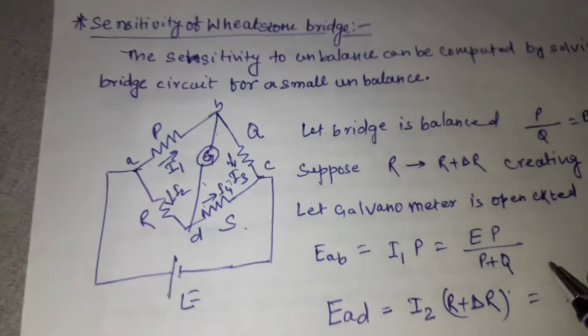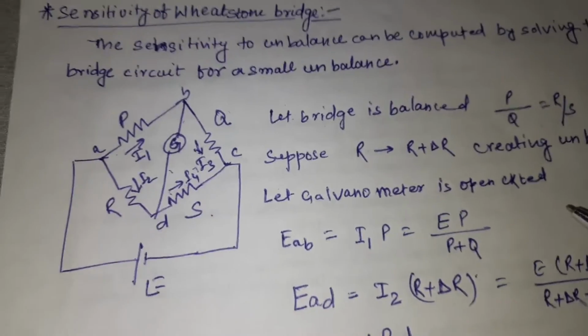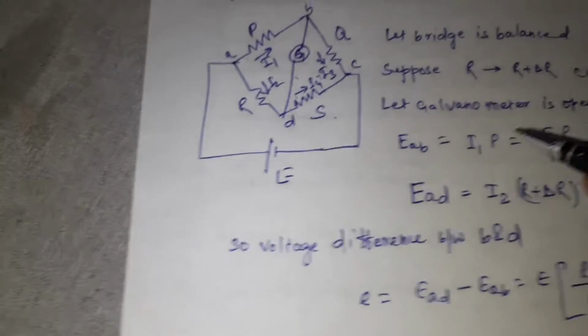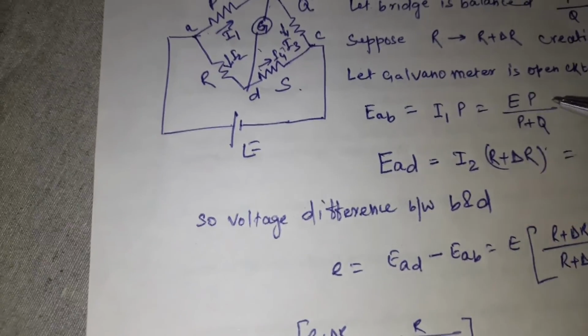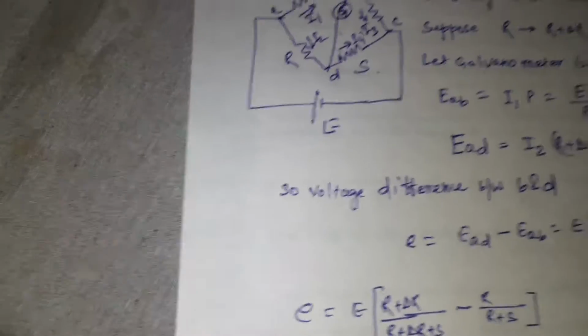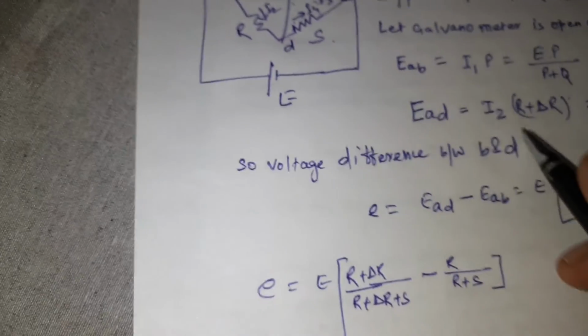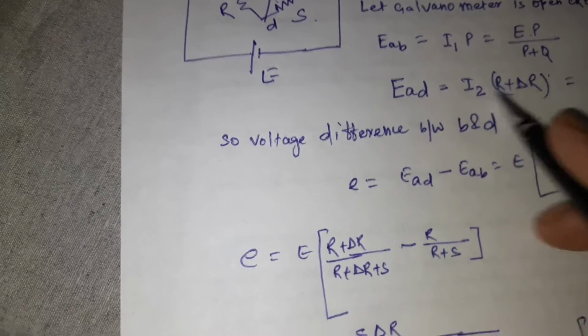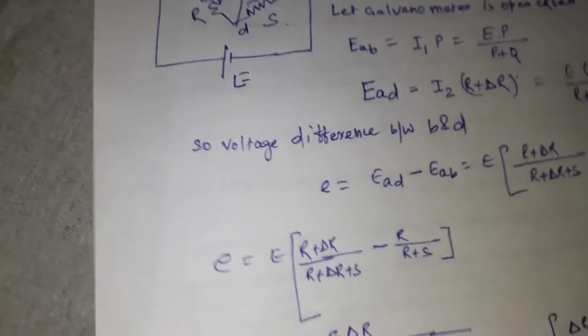EAB is equal to I1 into P. So using the formula, E into P by P plus Q. And the voltage across AD is equal to I2 into R plus del R, because there is a small change in the unknown resistance.